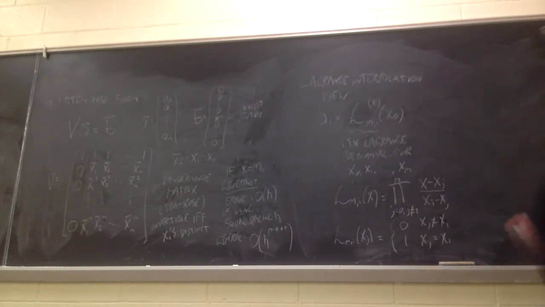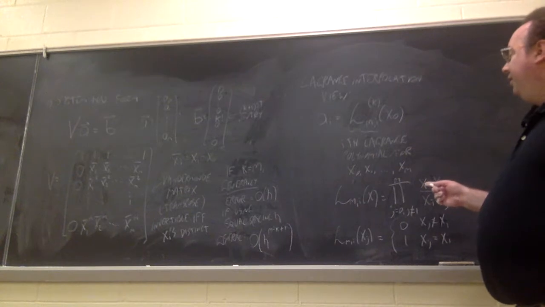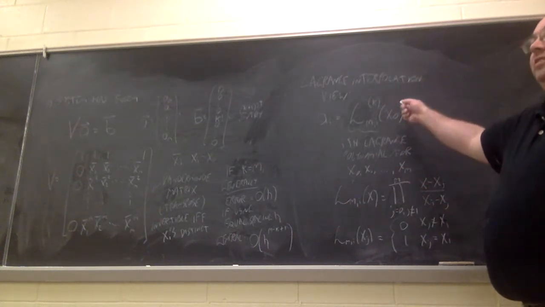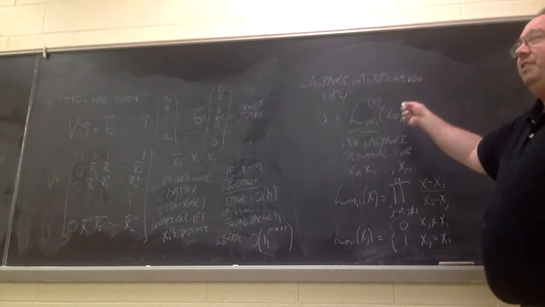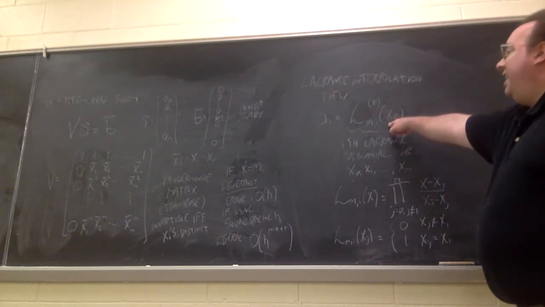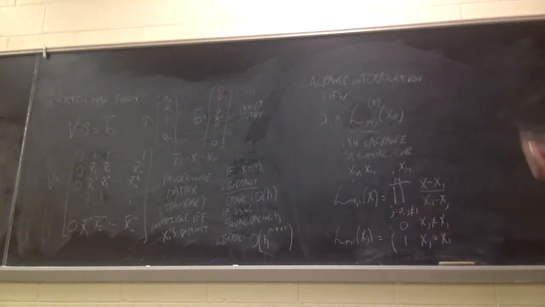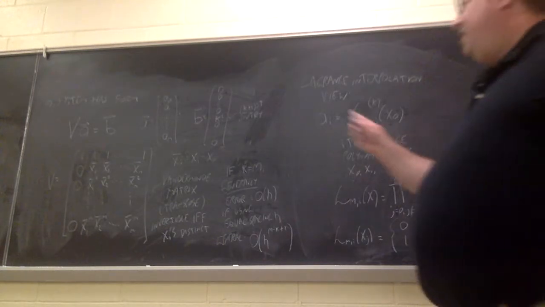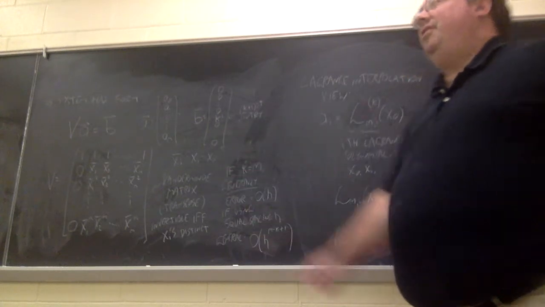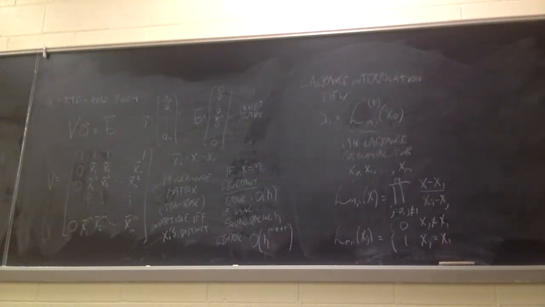So I can construct these Lagrange polynomials, take the derivative that I need, plug in x naught, which is the point at which I want the derivative, and bam, those are my weights. So I can get them that way instead of solving this system of equations. And that's actually more efficient.